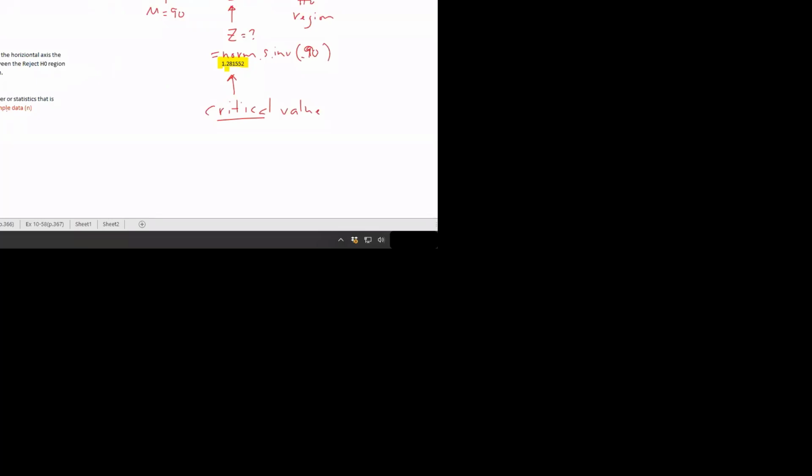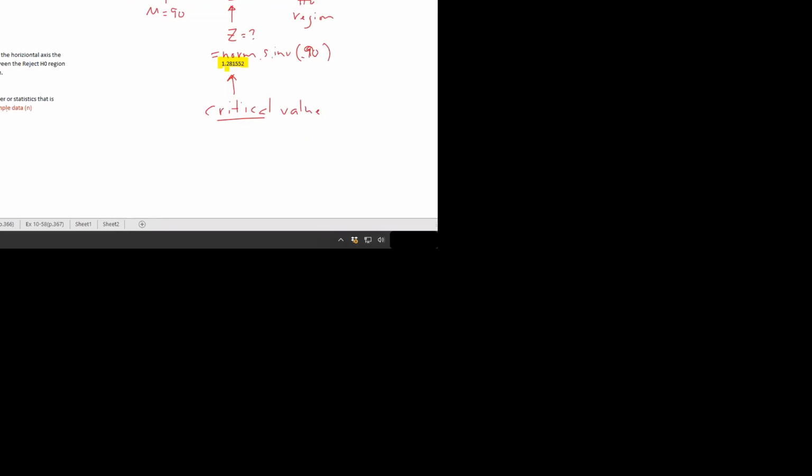So what is the decision rule? For that particular problem, here's the applicable decision rule.